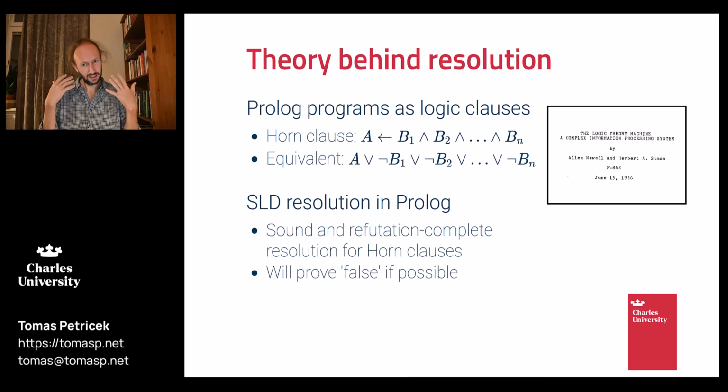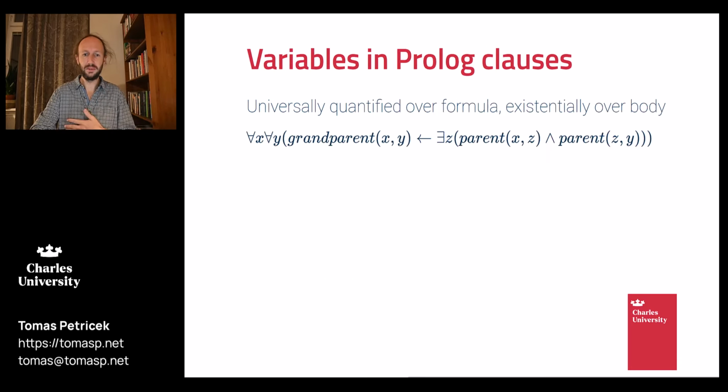That means when it gives you a result, it really is the correct result. And if there is a result, it will find it. Or in other words, if there is no result, it will tell you that there is no result, and it will be the case. So this is a fully decidable procedure.